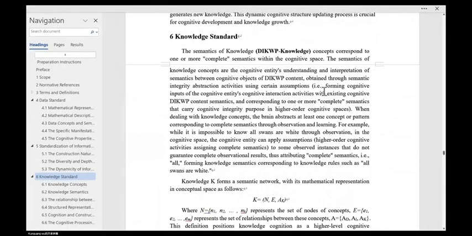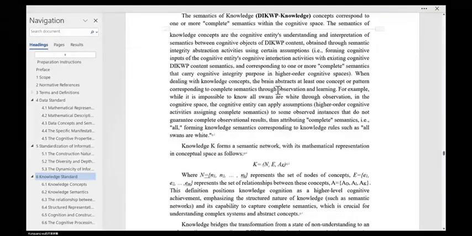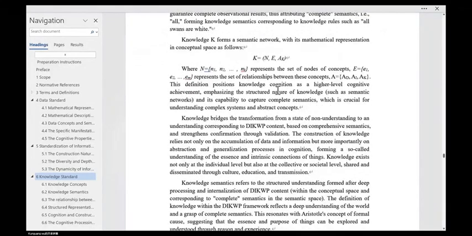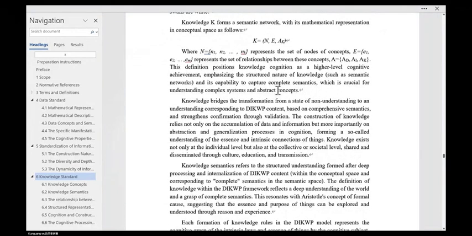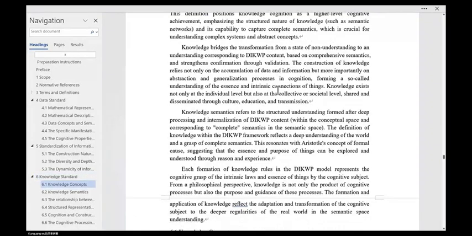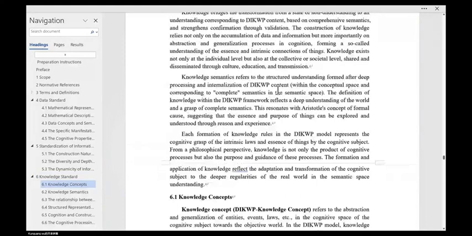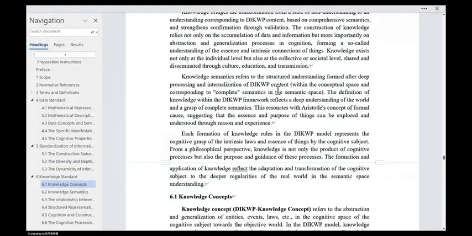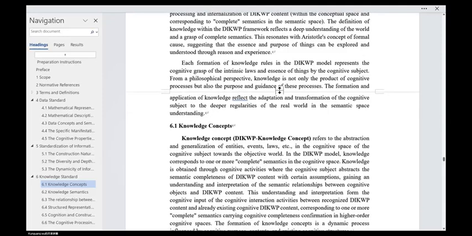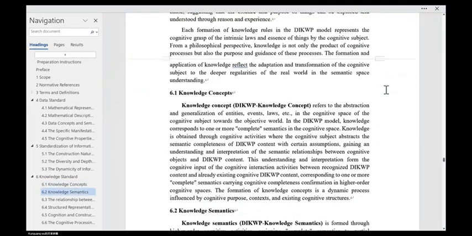Now we enter the knowledge standard. Do you see the reflect?